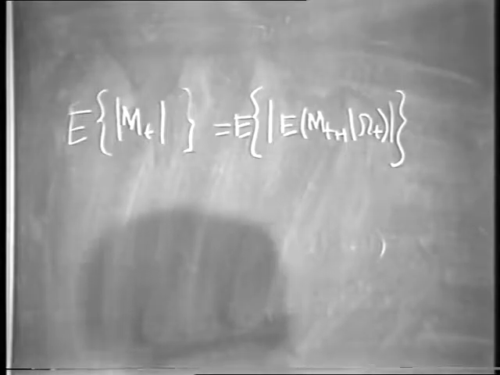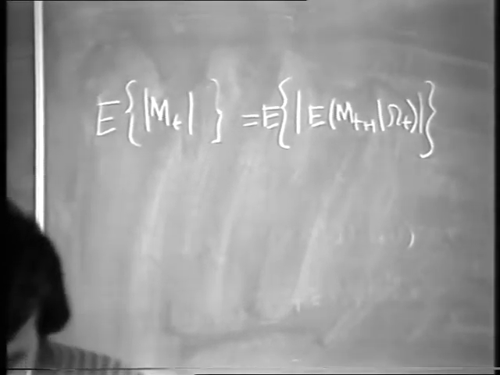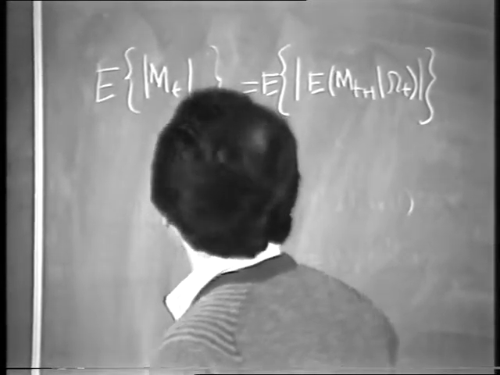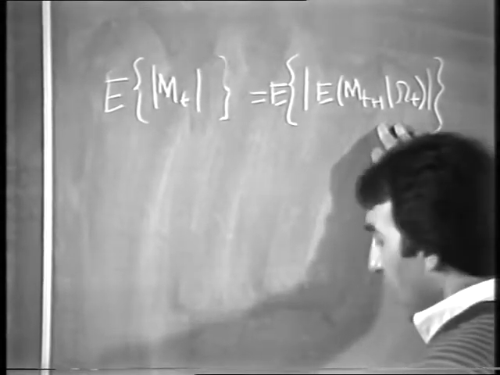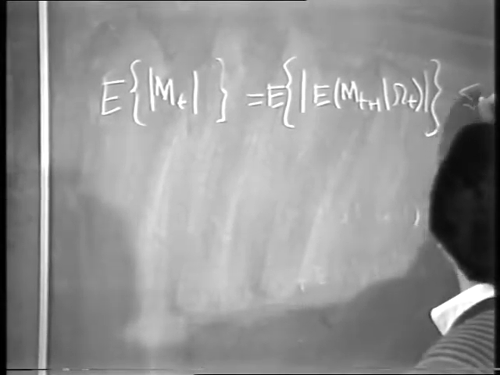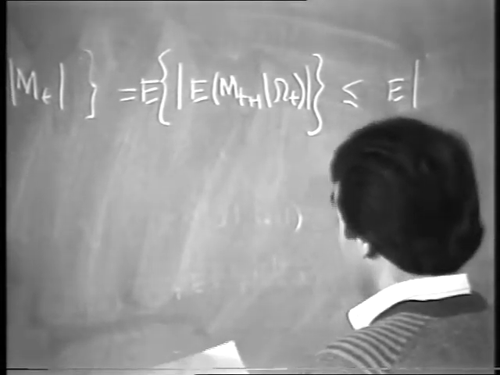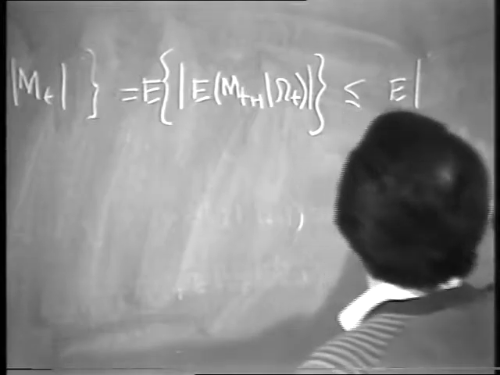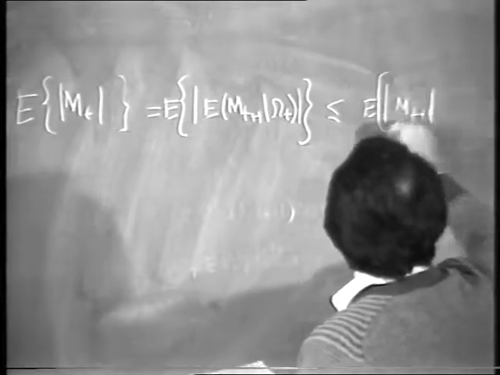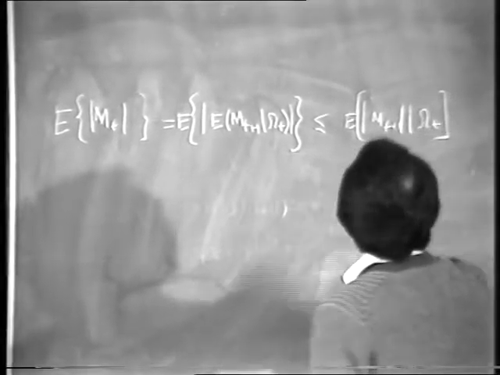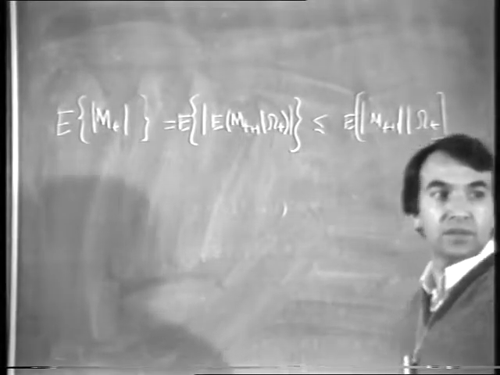Now we can use the condition which we had, which said that the absolute value of the expected value is always less than or equal to the expected value of the absolute value of m_{t+1} conditional on omega_t. This is using the inequality rule we had before. Okay?